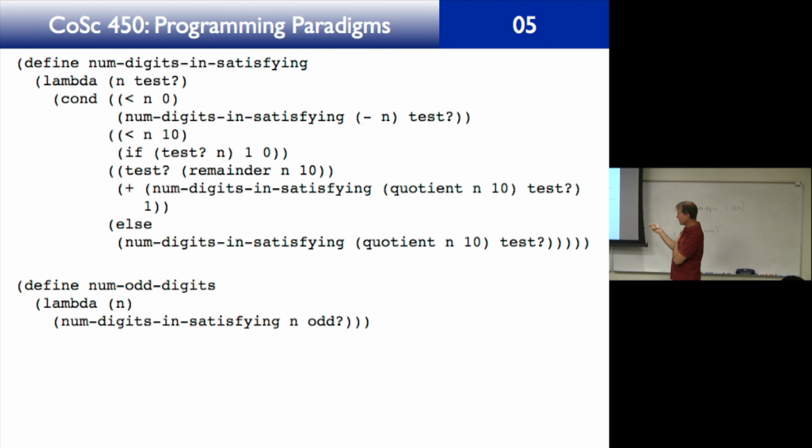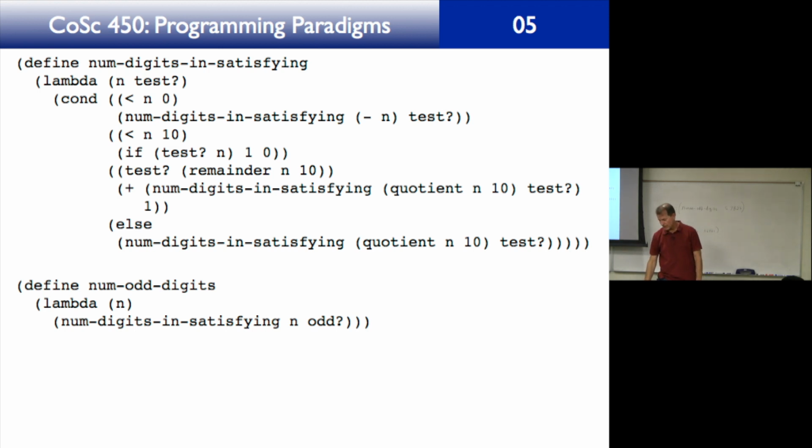If the remainder of n when you divide by 10 does pass the test, what do you have to return? 1 plus the quotient divided by 10, right? Otherwise, you just return num digits n satisfying the quotient of n divided by 10. Right? Is everybody good on that?